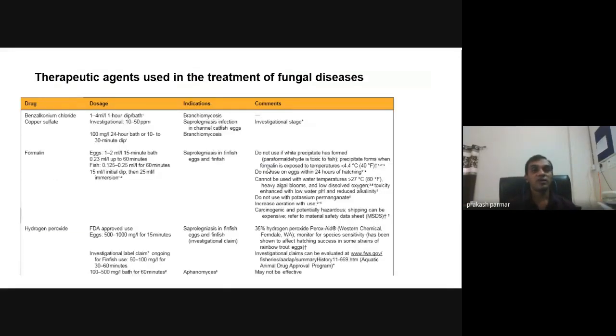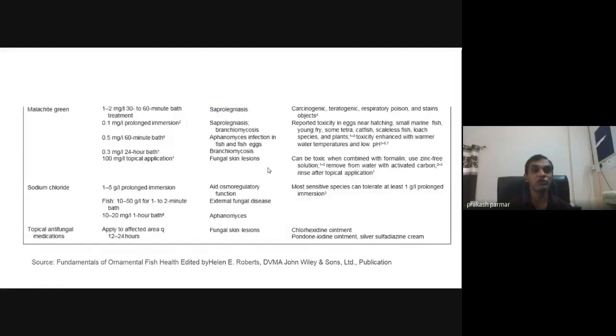Again, these are the common therapeutic agents that can be used for treatment of fungal diseases: benzyl choline chloride, copper sulfate, formalin, hydrogen peroxide, malachite green, sodium chloride, and some topical antifungal medicines we can apply.